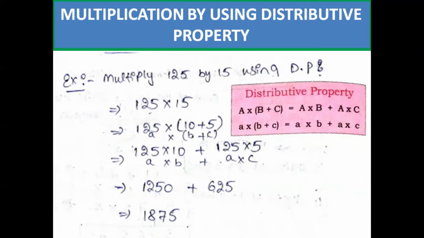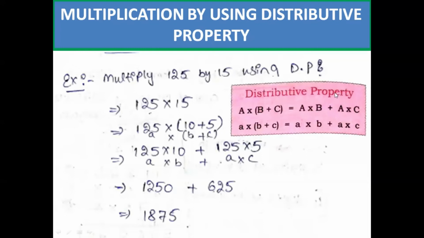Multiplication by using distributive property. For example, multiply 125 by 15 using distributive property. See here formula. A into brackets B plus C bracket close equal to A into B plus A into C. This is distributive property formula.